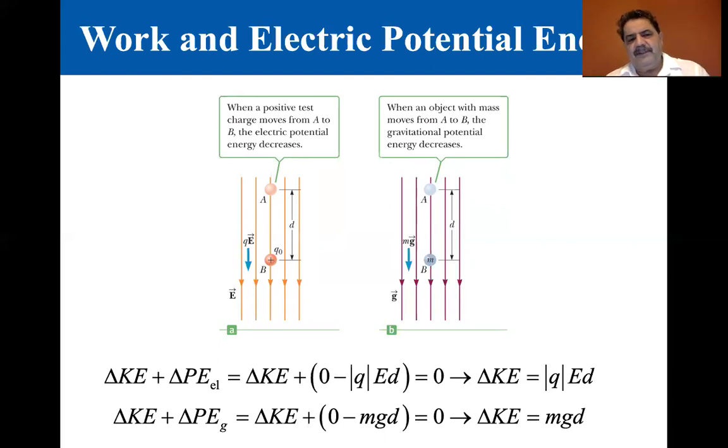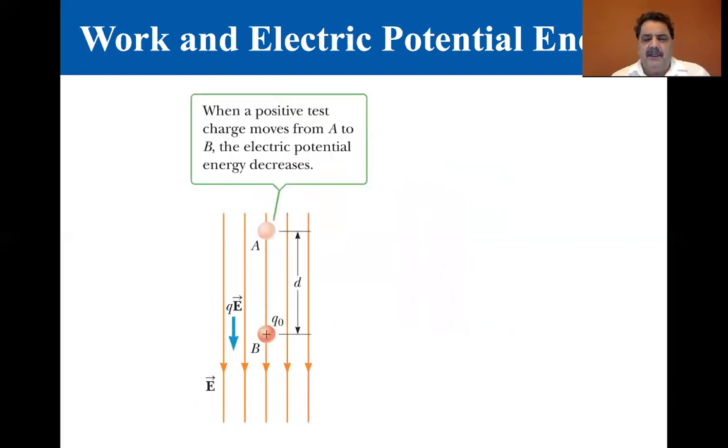So there's a comparison of gravitational potential energy and electric potential energy. So let's look at this some more. When a positive test charge moves from A to B, the electric potential energy decreases.